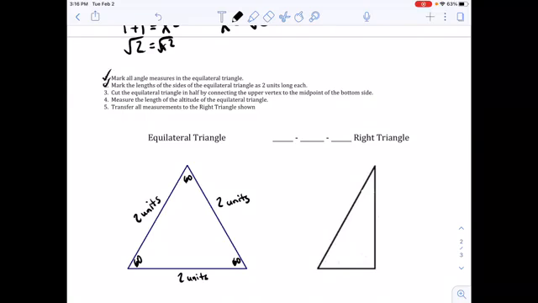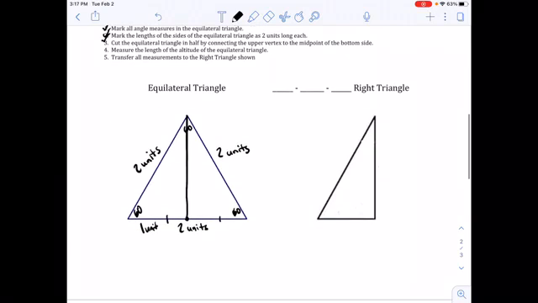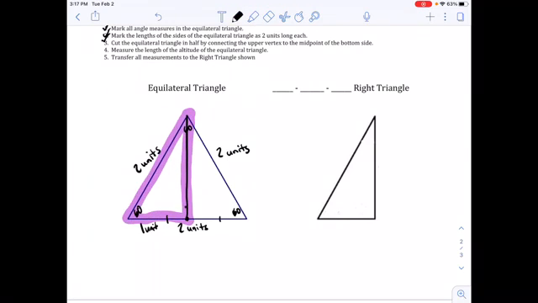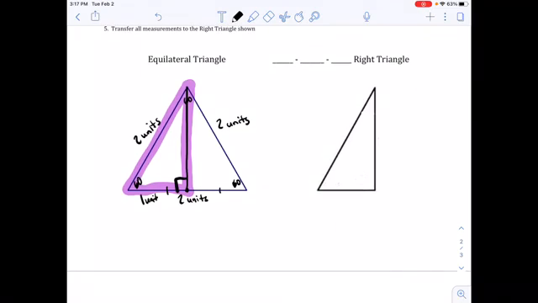Step 3, cut the equilateral triangle in half by connecting the upper vertex to the midpoint of the bottom side. So this is a midpoint, meaning these are cut into congruent pieces and making this 1 unit on this side. And then measure the length of the altitude of the equilateral triangle. Notice we once again have a right triangle here, so we can use Pythagorean Theorem to go ahead and solve for the altitude.